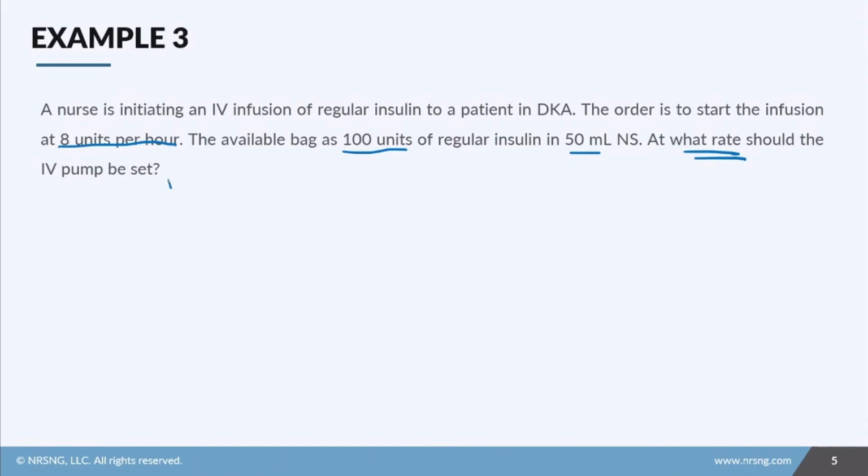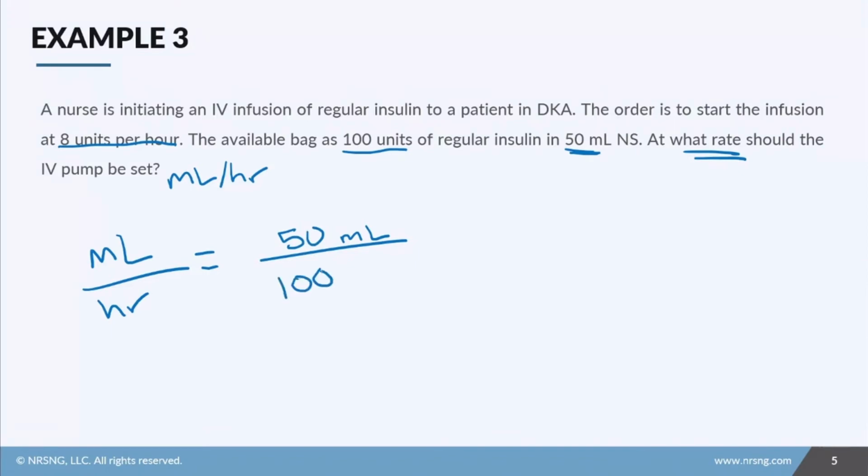All right, automatically we know we're looking for milliliters per hour. So start with what you're looking for. Milliliters per hour equals. Transfer your units across. What do we know about milliliters? We know that for every 50 milliliters of NS, there are 100 units of regular insulin. Okay, transfer your units up. What do we know about units?